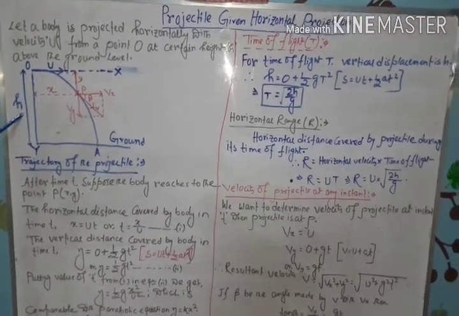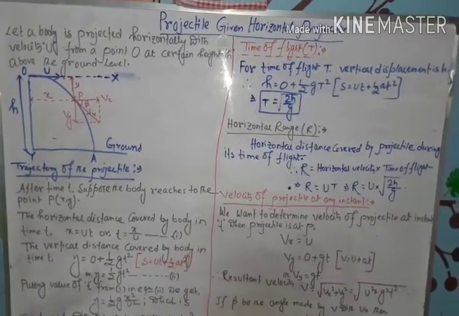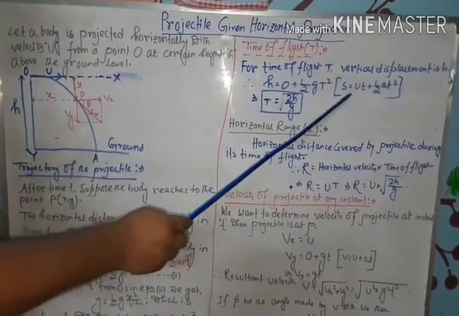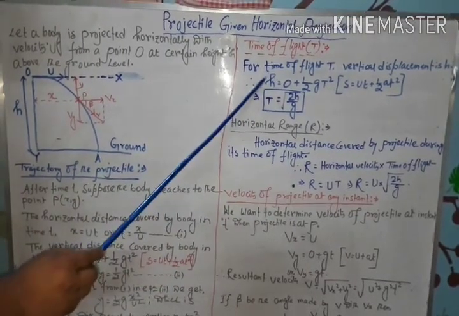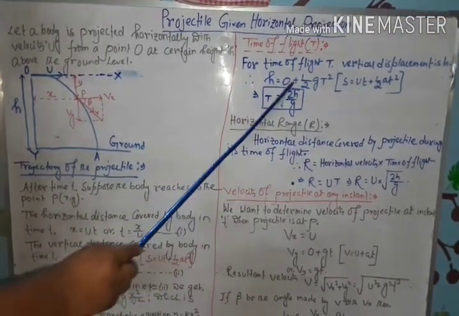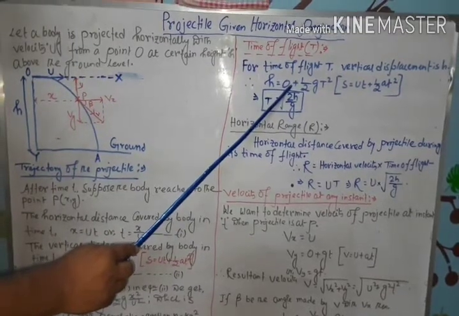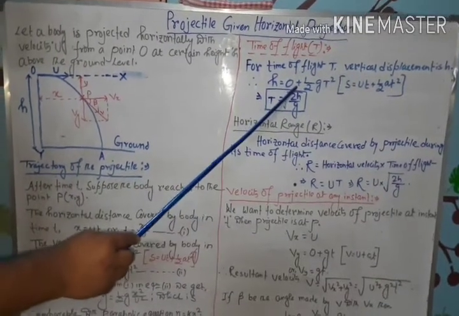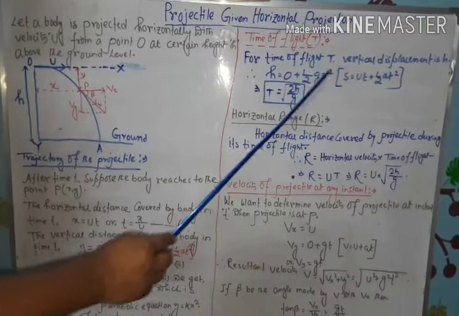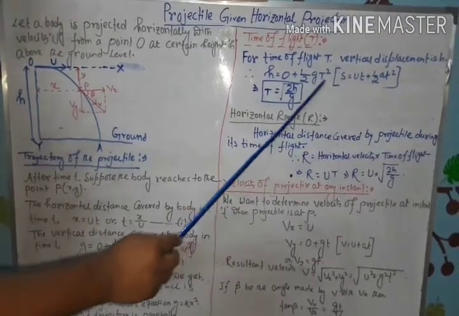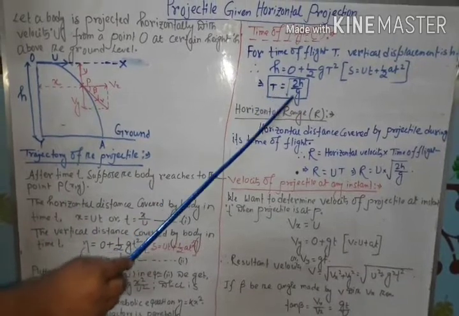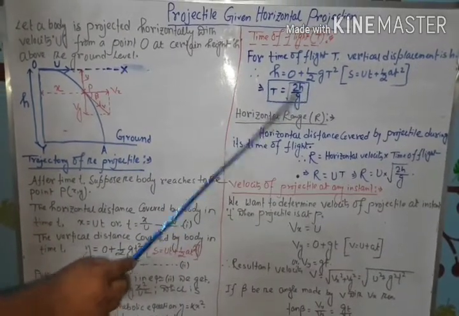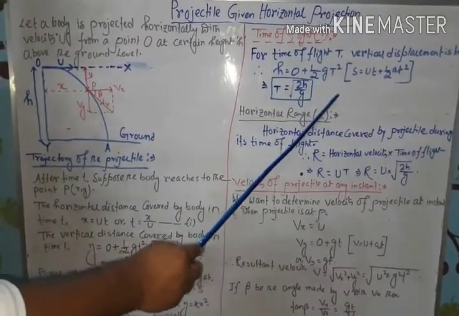So we use s equals ut plus half at square: h equals 0 plus half g T square, since the vertical velocity at the point of throwing is 0. From here T equals root over 2h by g. This is the expression for time of flight.